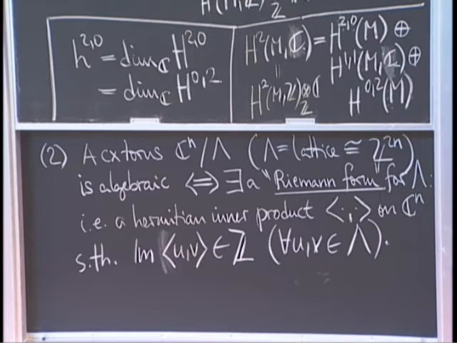So that's what the Kodaira condition boils down to. And not surprisingly, in complex dimension 1, so for elliptic curves, you always have a Riemann form. That's pretty easy to see.